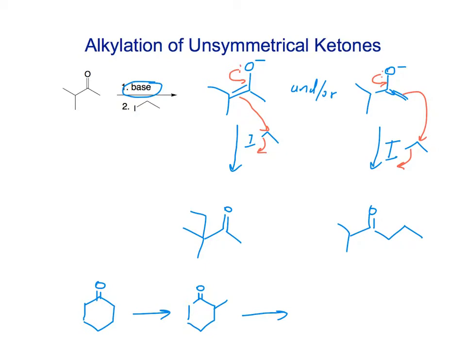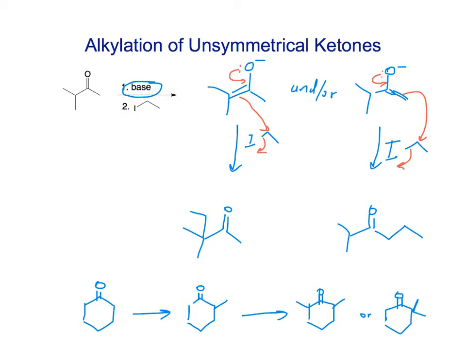This is exactly the question that we're asking here. Are we going to get both of the methyl groups on opposite carbons, or are we going to get both methyl groups on the same carbon.